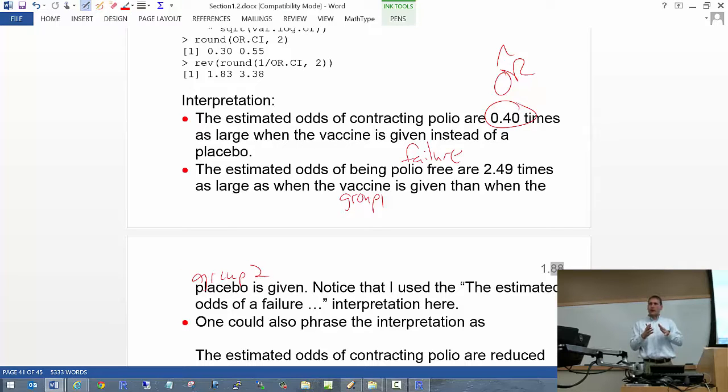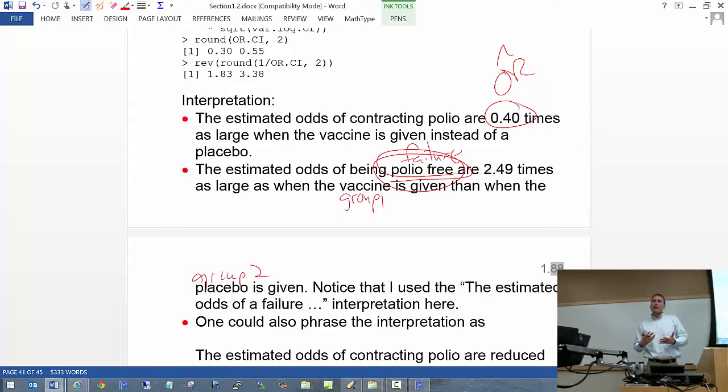Or you can think of it this way: I want to know how my probability of being polio-free is increased by taking the vaccine rather than the placebo. Notice how I phrase it in terms of your chances of being polio-free. Specifically, the odds of being polio-free are higher if you take the vaccine than the placebo. So I think this is probably the preferred interpretation.